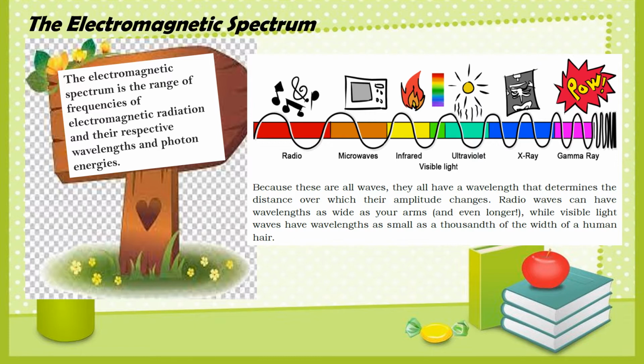So the lower the wavelength, the higher the frequency or the energy level. So you have here from the bigger wavelength, the radio waves, down to the smallest wavelength, the color violet.